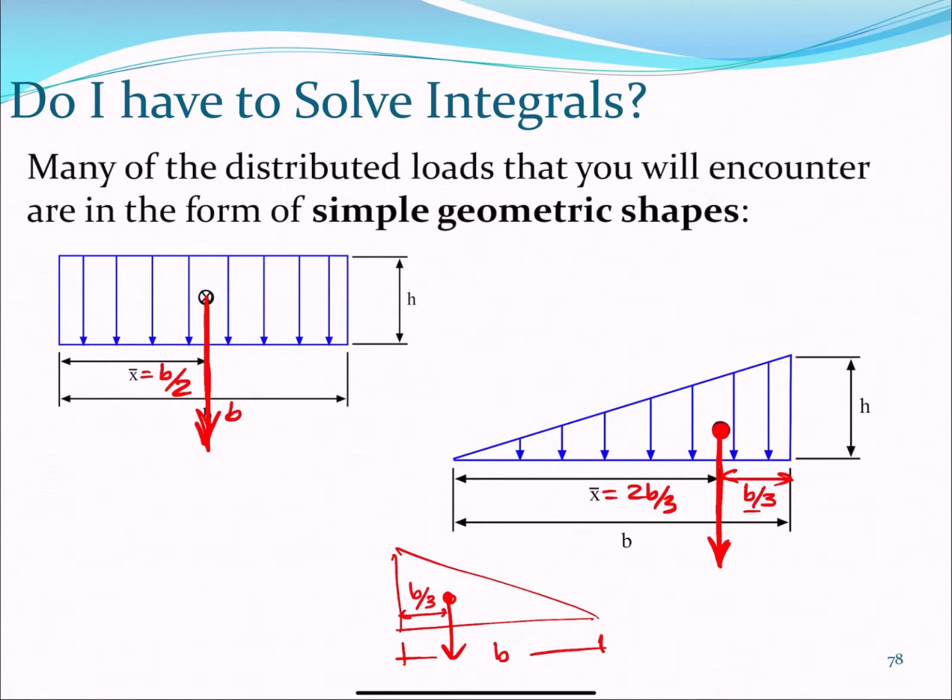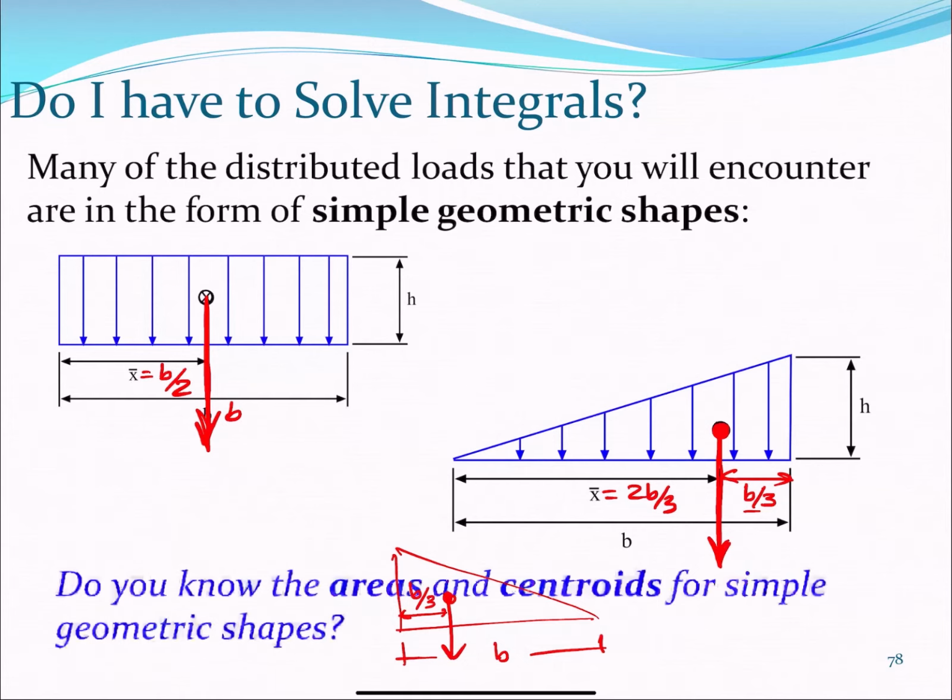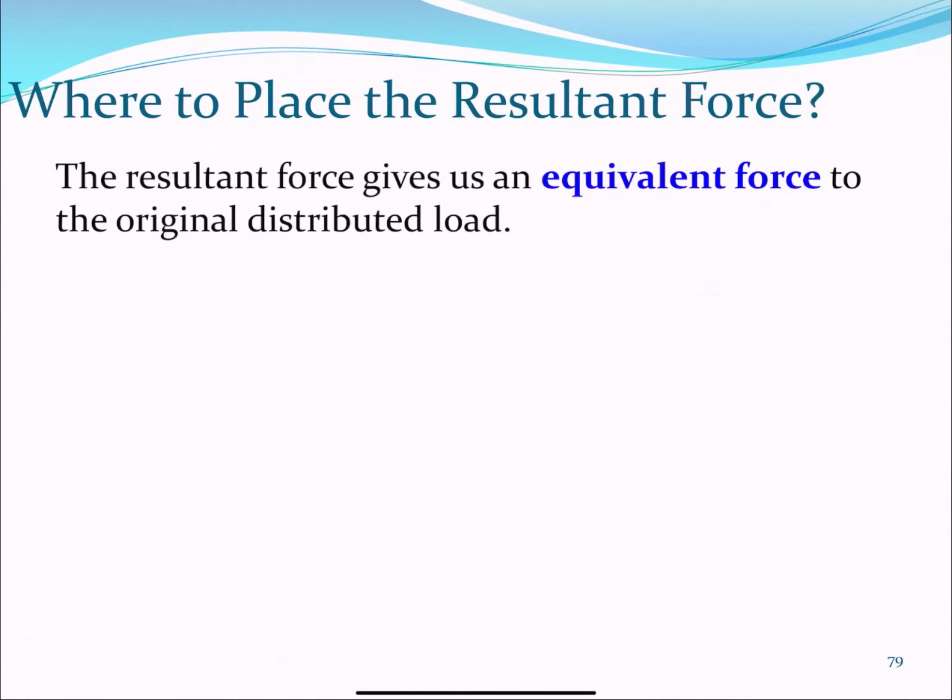Always close to the bigger side. So these two shapes, you have to really keep them in mind at all times. Do you know the areas and centroids for simple geometric shapes? Well, these two you have to memorize. And for different shapes, we'll provide you with a formula sheet later on.